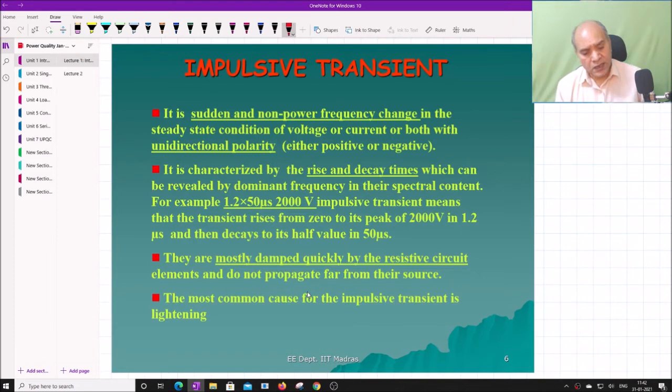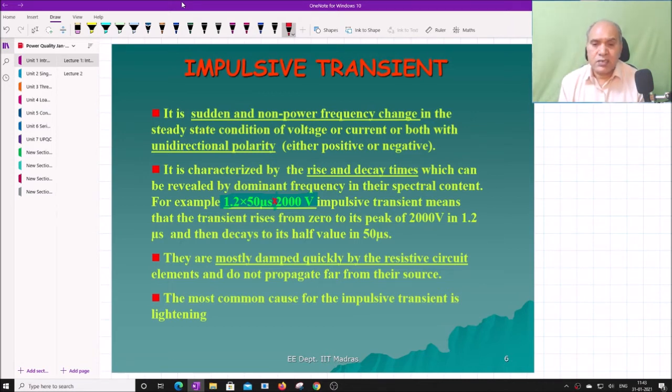For example, if we have a 1.2 by 50 microsecond, 2000 volt impulsive transient, it implies that this transient goes from 0 to its peak value in 1.2 microseconds, and then decays to half value in the next 50 microseconds.